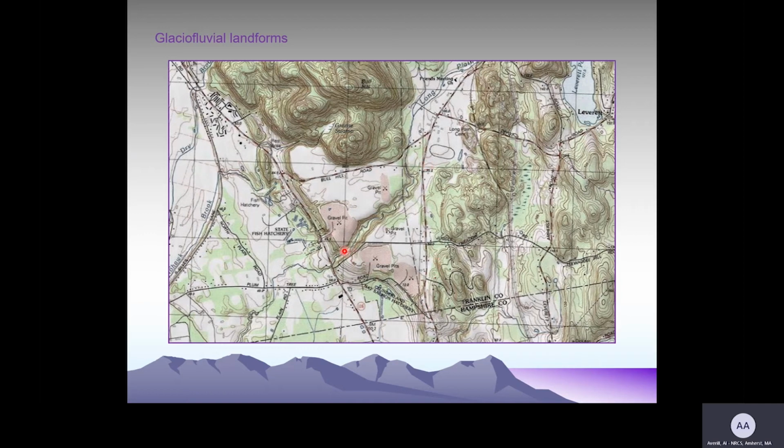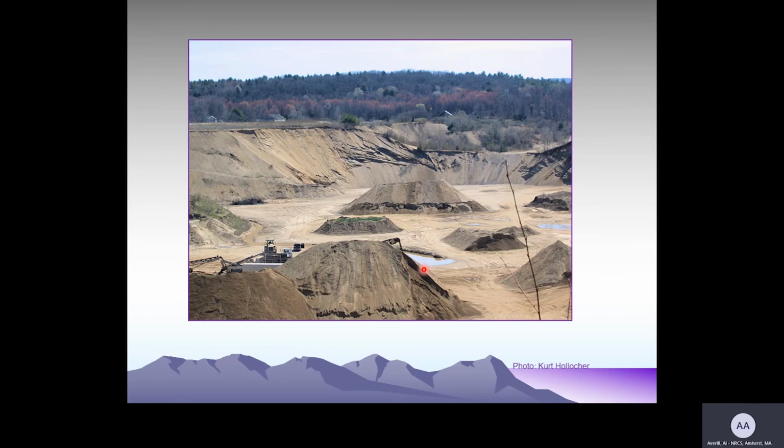You can sort of see the shape of the delta here, and this is what that looks like today. Lots of sand and lots of bedding that occurred as material was dumped over the delta, and more material was dumped on top of that.